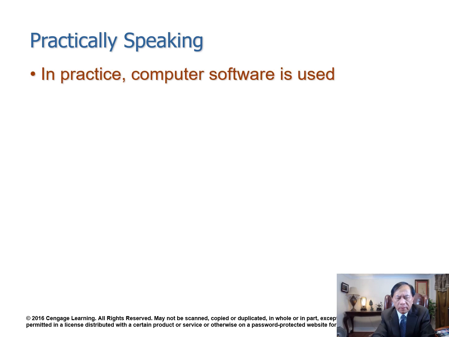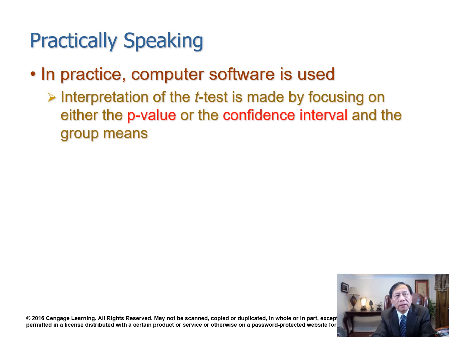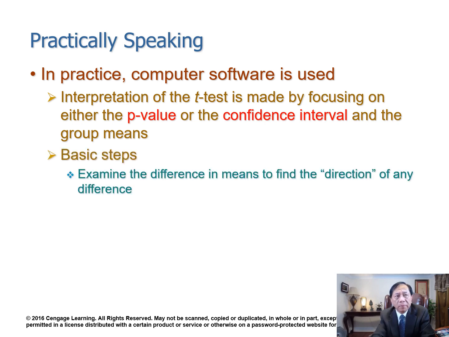Okay. In practice, the computer software's interpretation of the t-test is made by focusing on either the p-value or the confidence interval of the group means. Basically we use p-values. When the p-value is close to 0, we say there's a significant difference.